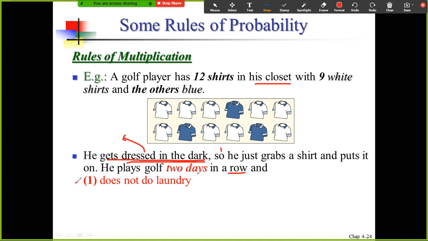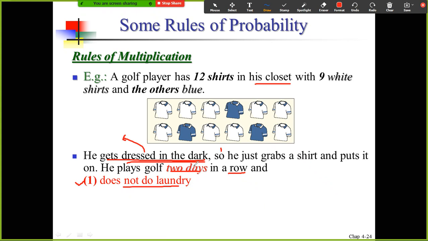For the first condition, he does not do laundry. What does it mean? Does not do laundry. That means these 2 days of playing, he puts on a new shirt. One day one shirt, the other day the other shirt, because he is not laundering, not washing.